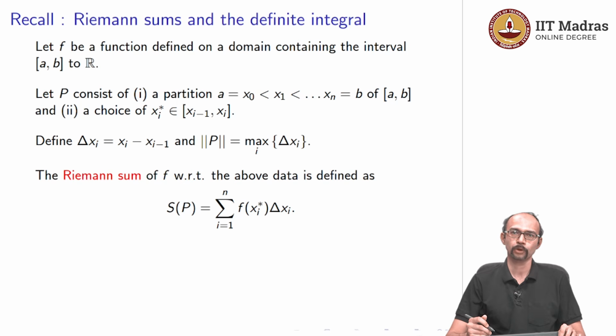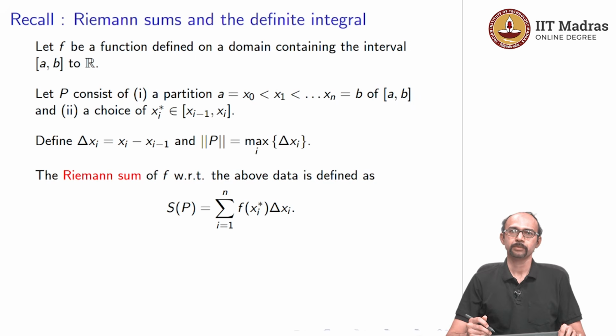And these rectangles were supposed to approximate the area above the interval [xi minus 1, xi], which is below the graph of f.